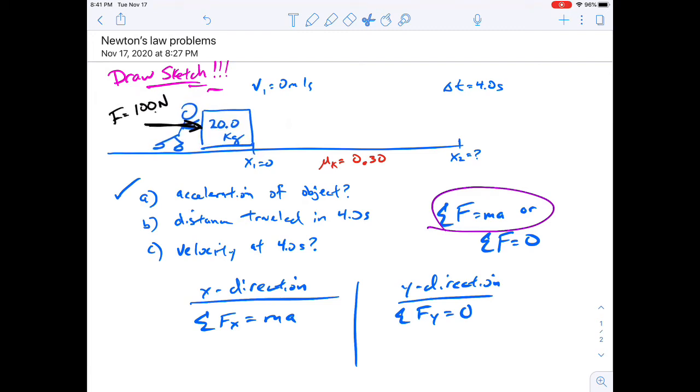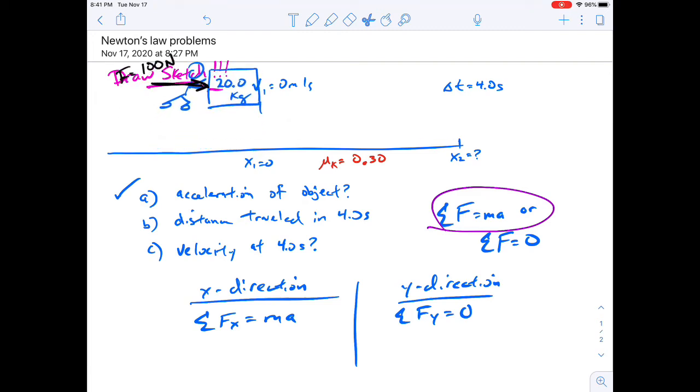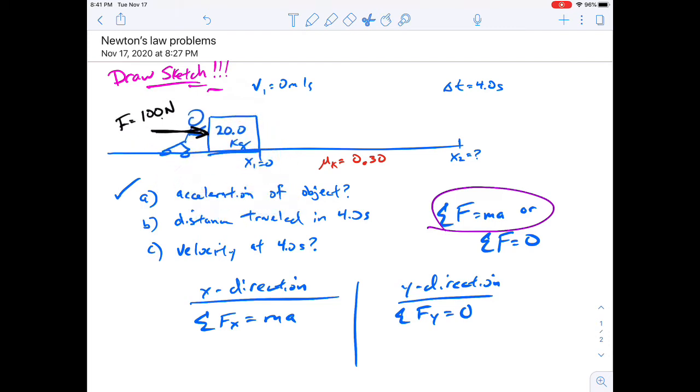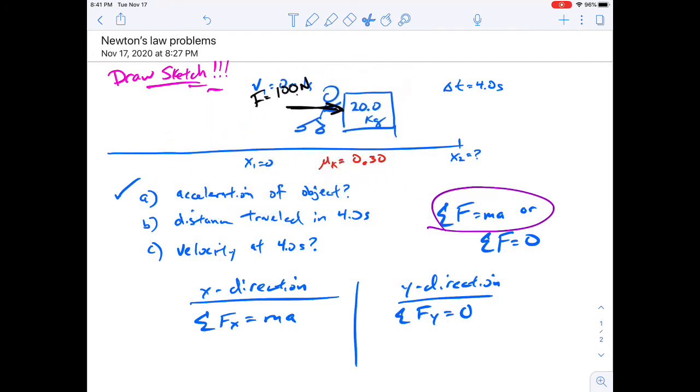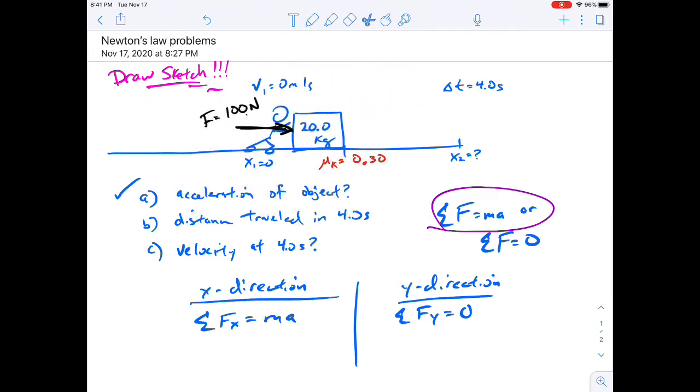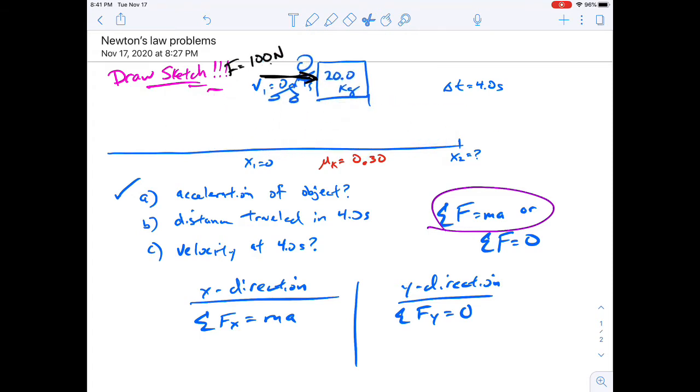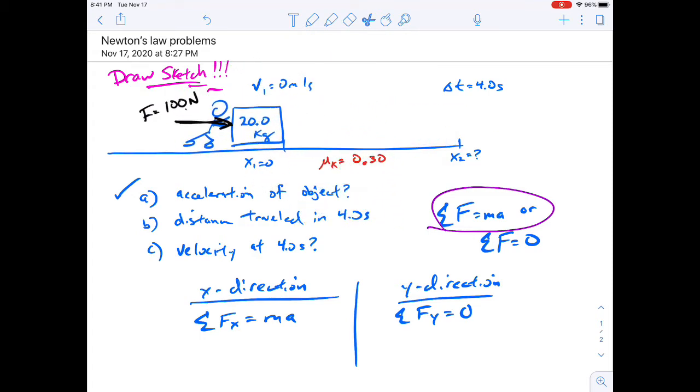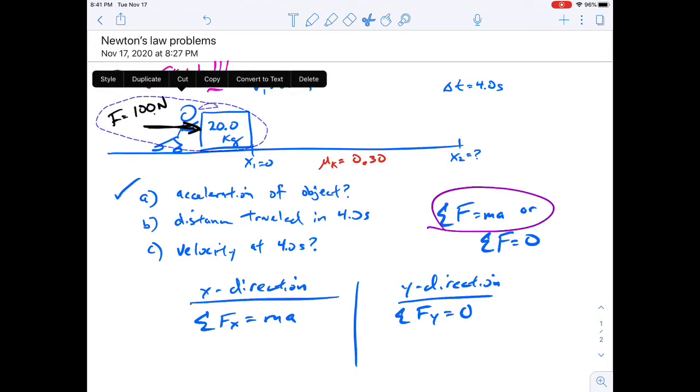What I don't want this to do is start rising above the ground or going below the ground. It's moving only sideways, accelerating sideways. It is not moving up. It is not moving down. So I can assume that the forces in the y direction are in equilibrium.